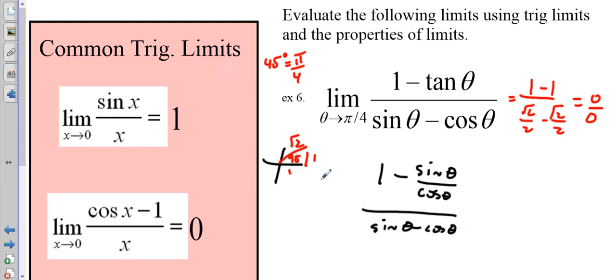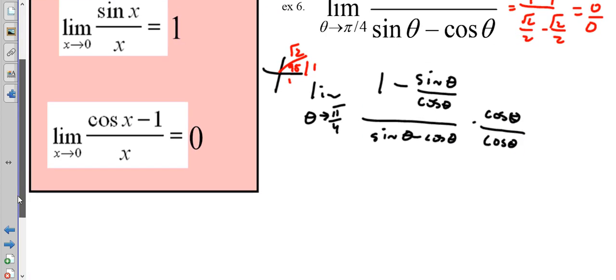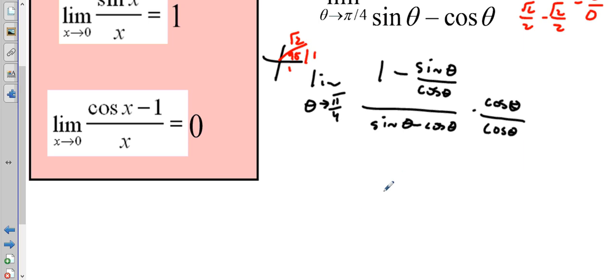Hey, we have a fraction over fraction. Recall in our last one, whenever we have a fraction over fraction, we want to make sure that we can eliminate the denominator. So I'm going to eliminate this denominator. I'm going to multiply top and bottom by the common denominator, which appears to be cosine of theta. Now, when you do this, something really neat is going to happen.